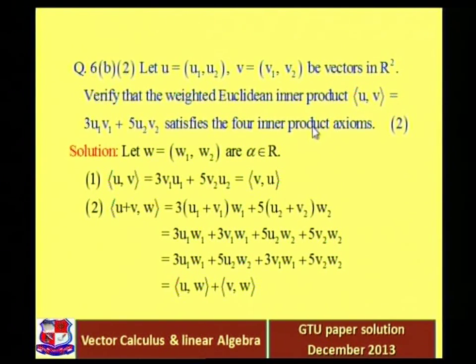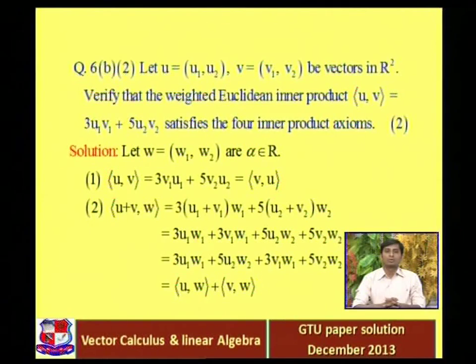We know that, what is the definition of an inner product space? Definitely we have to satisfy the 4 conditions. What are the 4 conditions? The first one is the commutative law, that means for any u, v belonging to the vector space V. Here our vector space is R2, so for any u, v belonging to R2, <u, v> = <v, u>, using the inner product which we defined in the statement of this example.